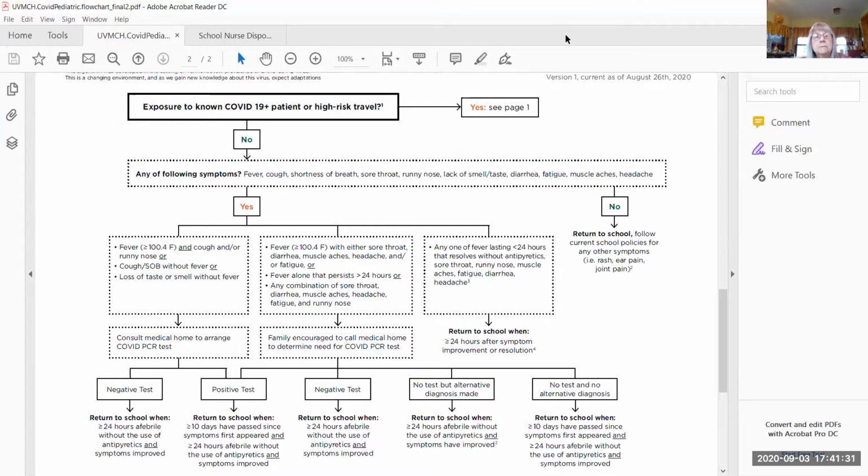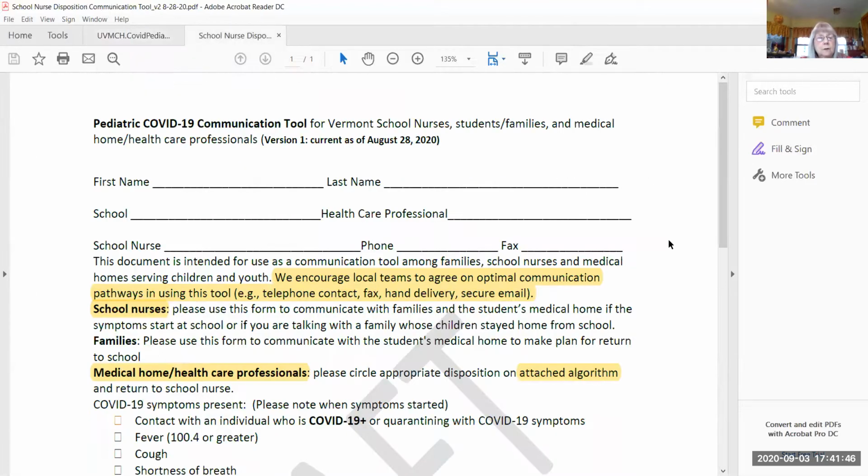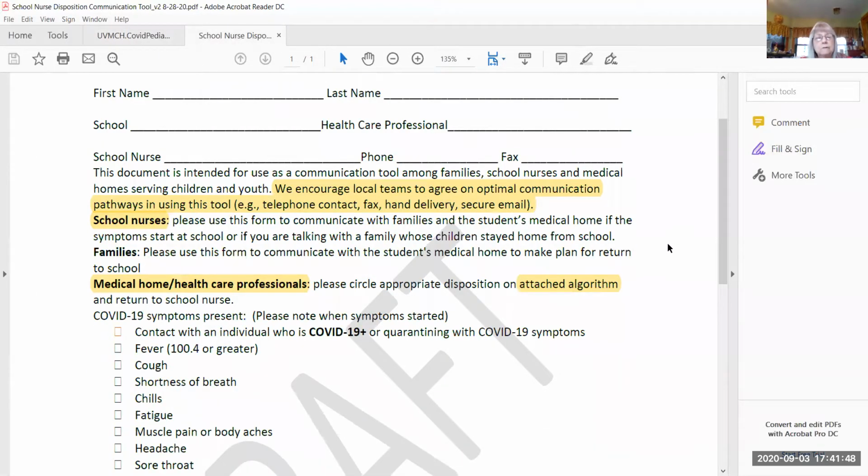So I'm going to take this down, and I'm going to put up this other tool, this communication tool. Now, this is a work in progress. It's expected that we're going to change this.